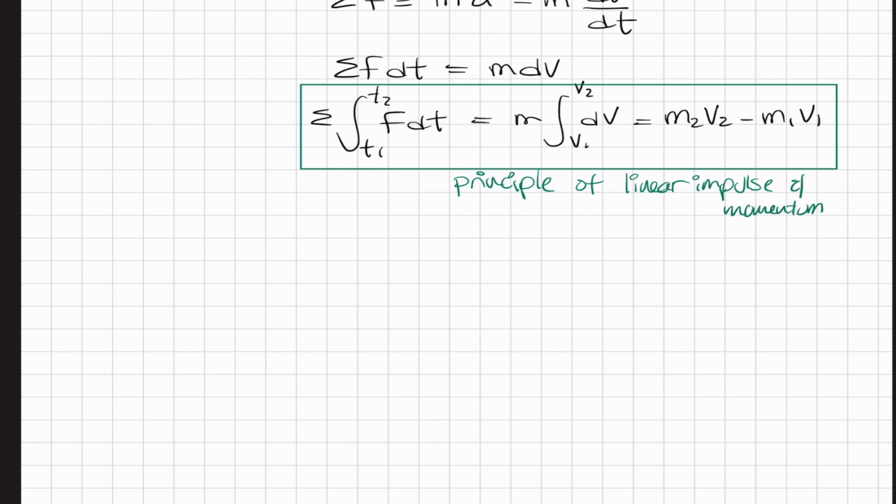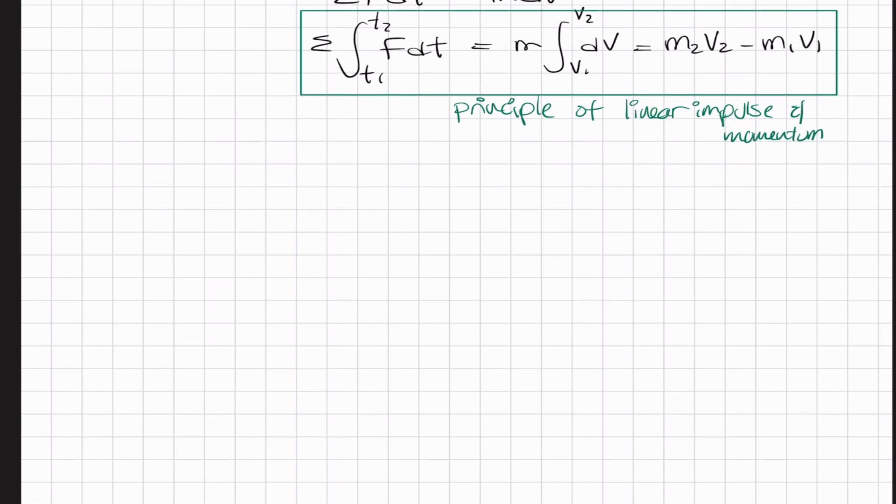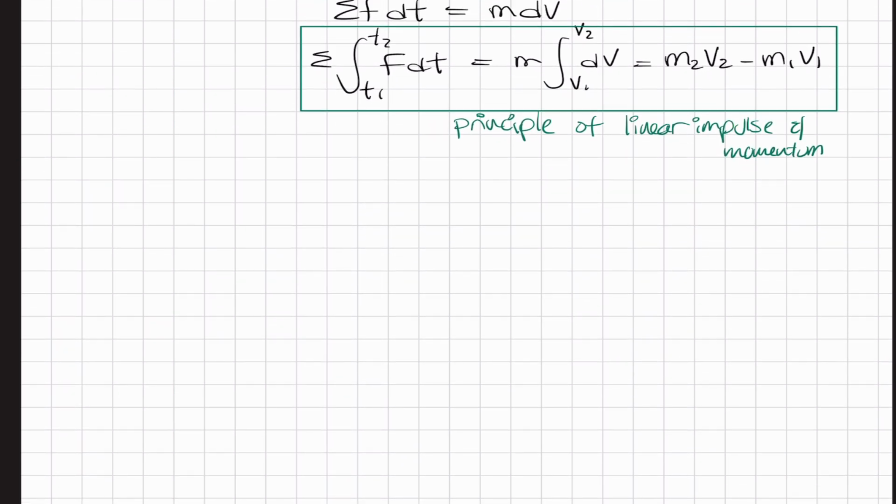Okay, so there are multiple components to this equation that we need to look at. And I want to go about this by going from left all the way to the right. So on the left-hand side, we have an integral that's looking at the sum of integration of forces over time. So another way of thinking about this is by looking at it schematically.